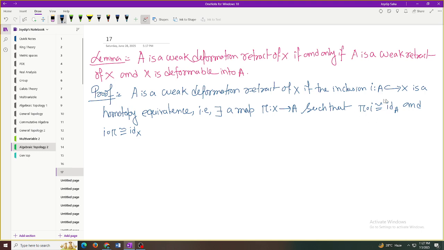This is weak retract and the meaning of this is deformable into A. Done.